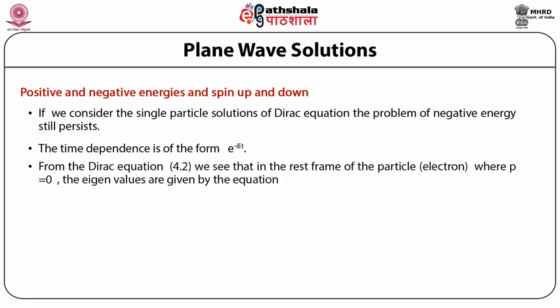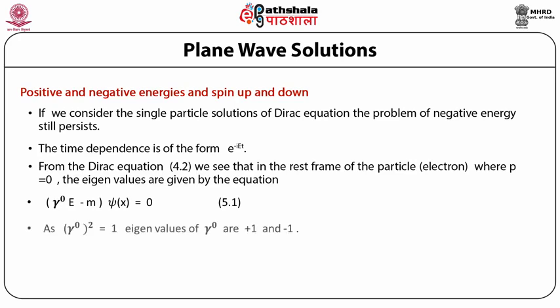From the Dirac equation 4.2, we see that in the rest frame of the particle, where p vector is equal to 0, the eigenvalues are given by the equation gamma naught into E minus m operating on psi x is equal to 0. As gamma naught squared is 1, eigenvalues of gamma naught are plus 1 and minus 1. So E is equal to plus m or minus m.